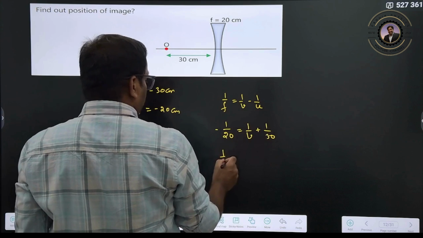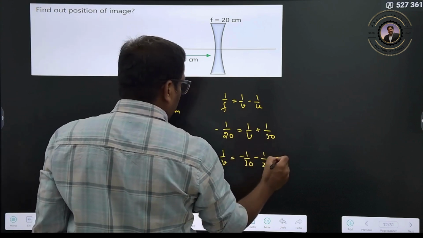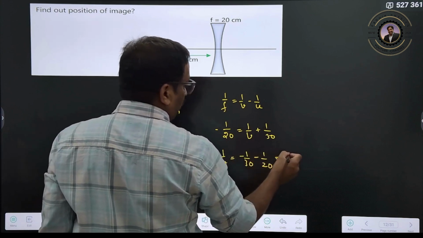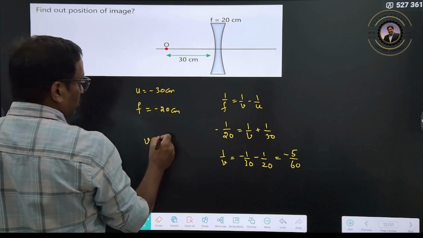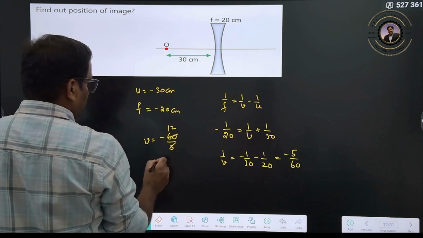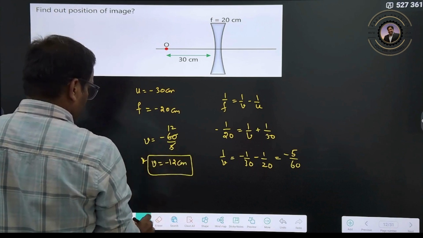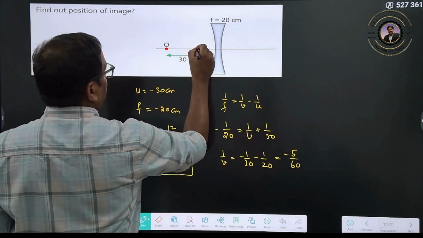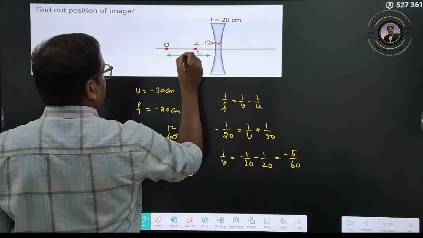Taking it to this side, 1 by v is minus 1 by 30 minus 1 by 20. Multiplying 2 and 3 to get 60, it is minus 5 by 60. Therefore v is equal to minus 60 by 5, which is minus 12 centimeter. Clear? So here the image is created at minus 12 centimeter. Clear?